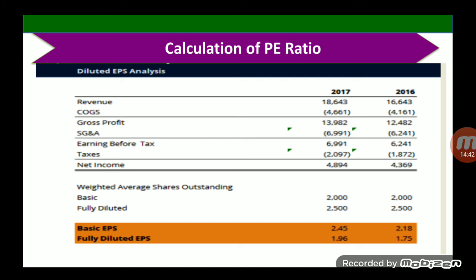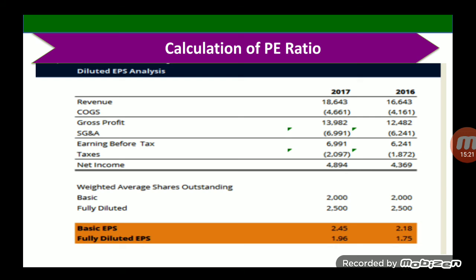Now take the dilution effect. 500 shares fully diluted means those which were preferential shares or other securities which are converted into basic common shares. Now, if we calculate diluted earning per share, then take the total net income, that is 4,369 in 2016, divided by 2,500.